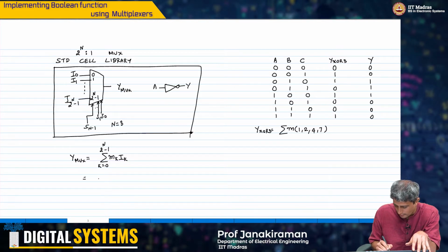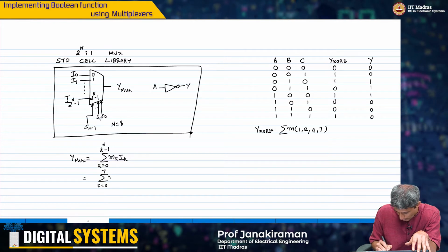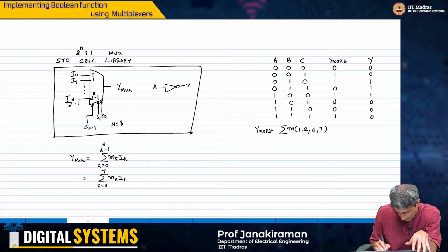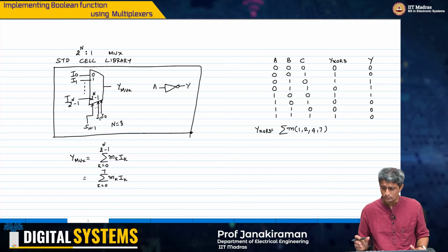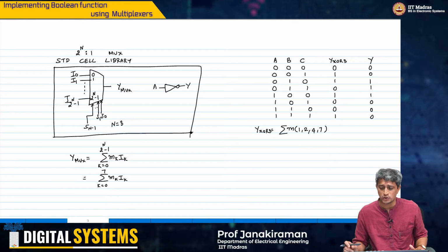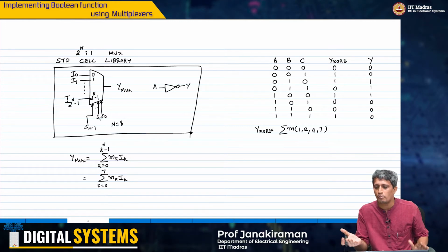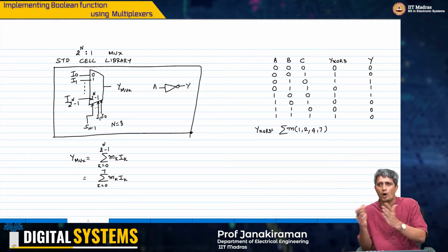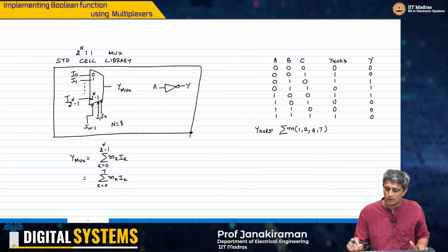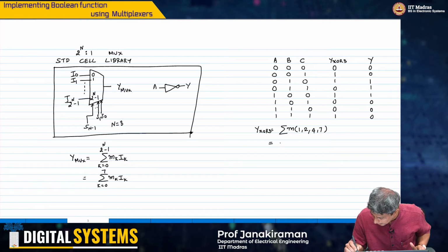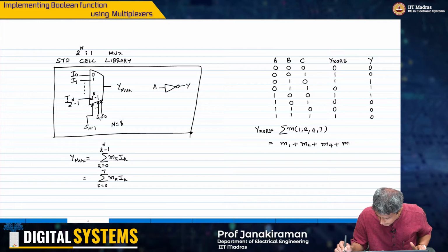If it's a 3:8, we are talking about k going from 0 to 7, mk ik. Okay, one of the 8 inputs, right? Now, all we have to do is understand how to map these minterms onto this. So now you just look at what this means. It is m1 plus m2 plus m4 plus m7.